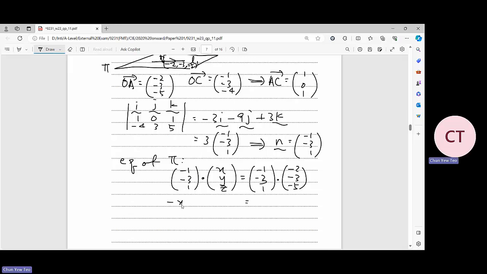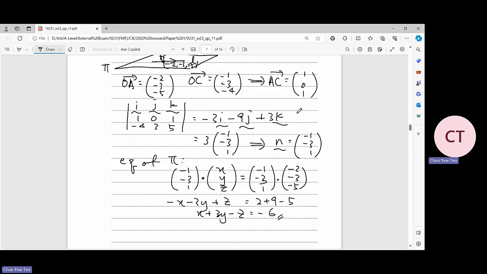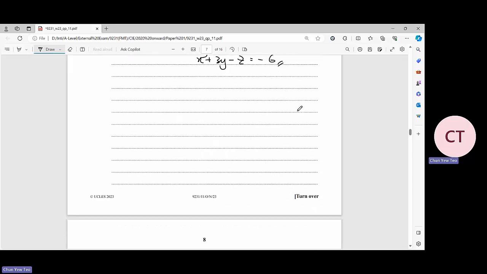Then I get -x minus 3y plus z equals 2 plus 9 minus 5. Then you get x plus 3y minus z equals -6. Done. That will be the answer for question number 4B. Okay, number 4B done.